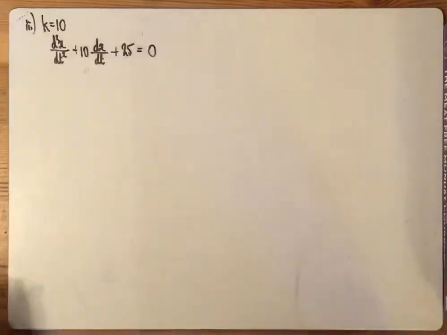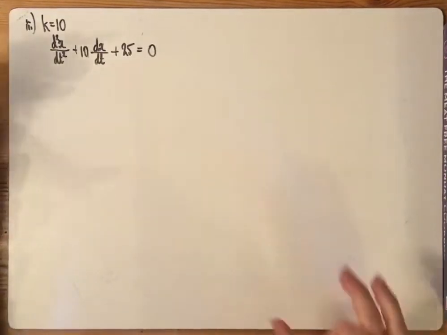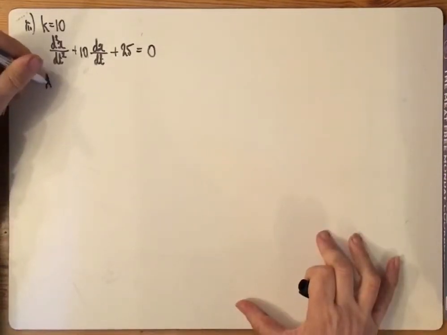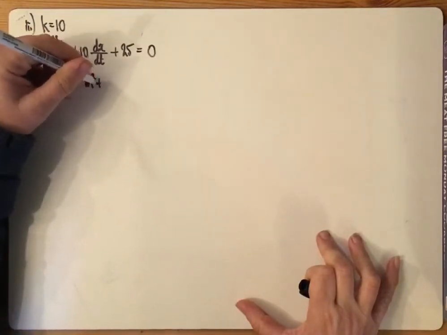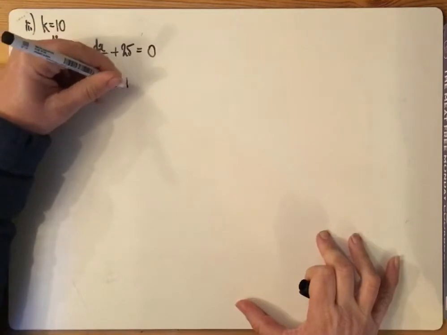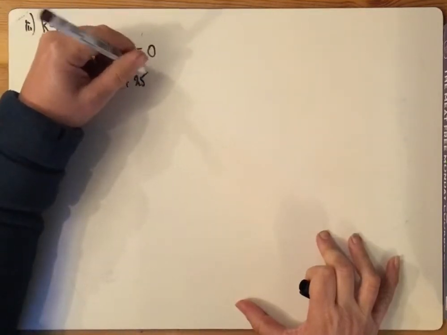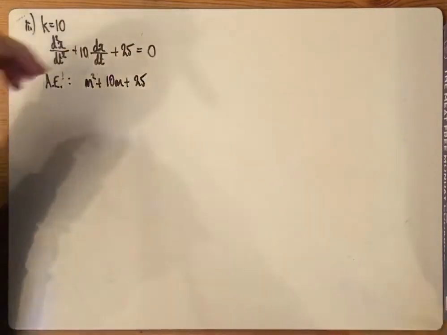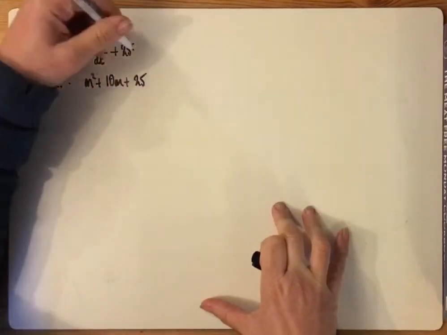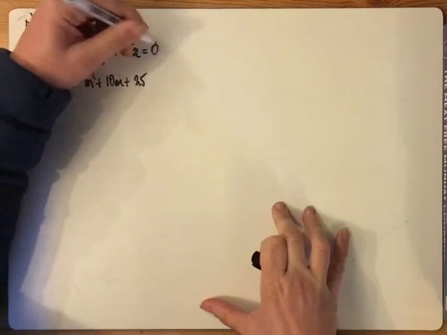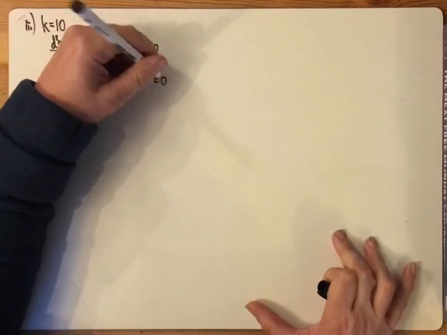Okay, so last scenario, we'll look at k equaling 10 and solving this differential equation. So the auxiliary equation, m squared plus 10m plus 25. I've missed out an x, haven't I? I'm sorry. Equals 0.